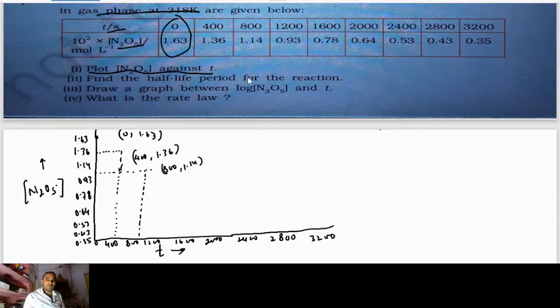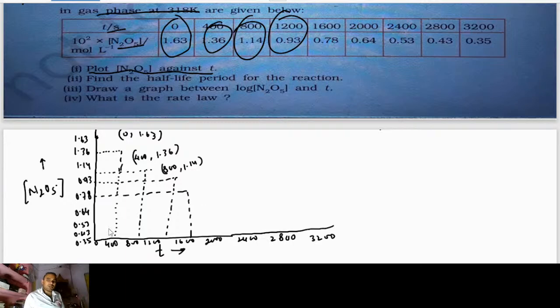Now if you see 1.14, at 1200, 0.93 is there. So here, student, it will come somewhere here. Now the next one is 1600 and 0.78. So it will be like that.